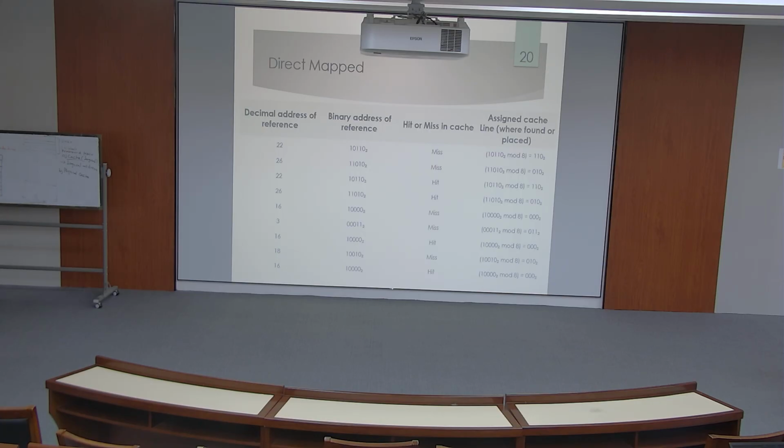We have 16. We found the cache line, mod 8, that is 0. And 16 is already in cache line 0, so that is a hit. We have a hit here because we already have the 16 block.